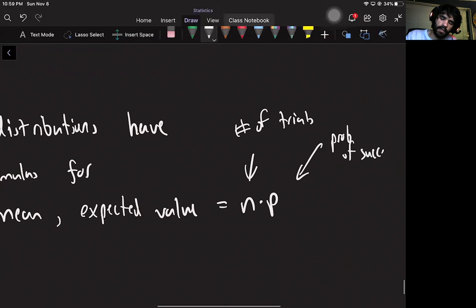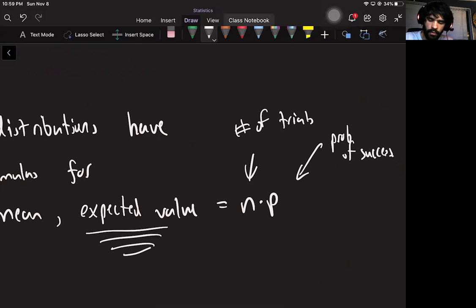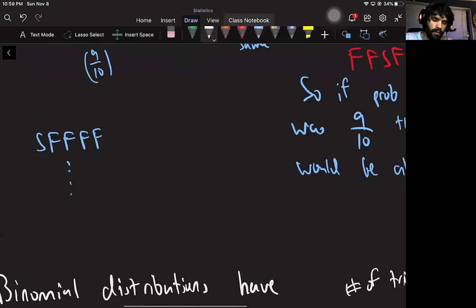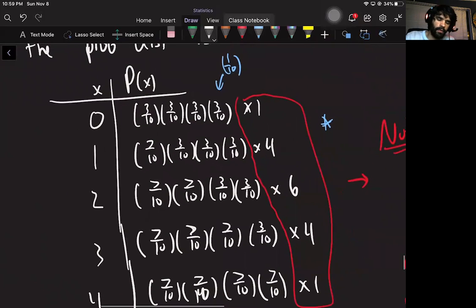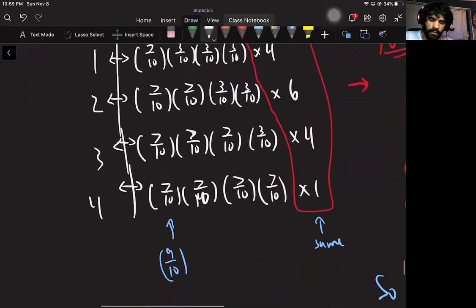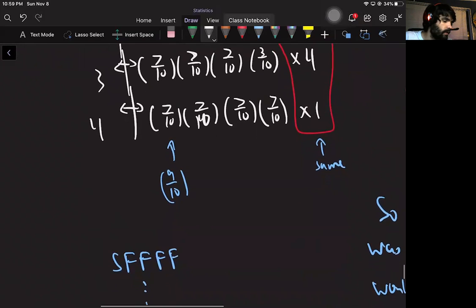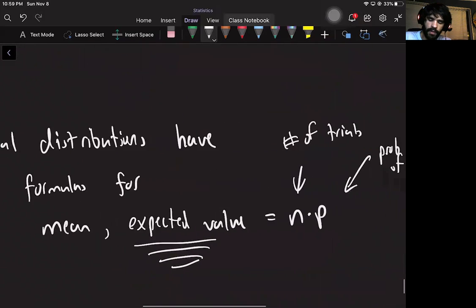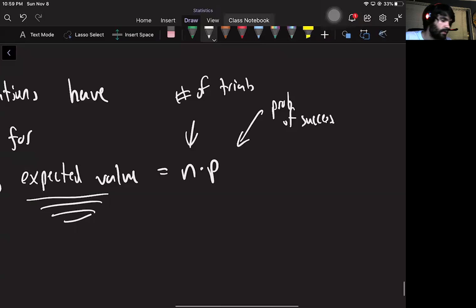So remember how to actually calculate this expected value? This bad boy was horrible to calculate. You have to do the x times its probability, and then the next one, and then the next one, all of these multiplied to their corresponding probabilities, and then you have to add them all up, right? It was terrible. Well, there's a shortcut. If it's a binomial probability distribution, you can just do this.